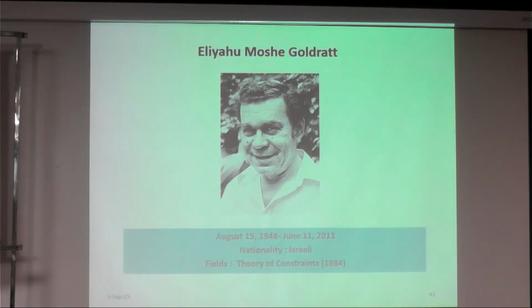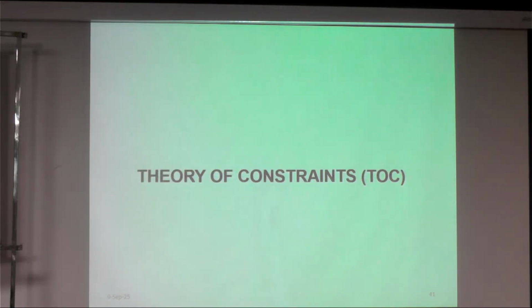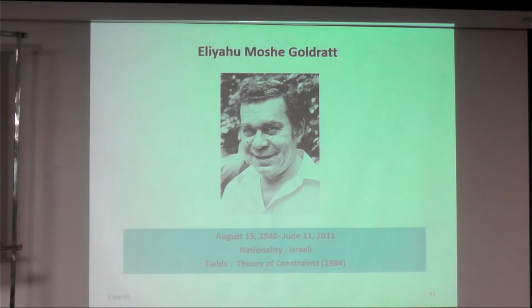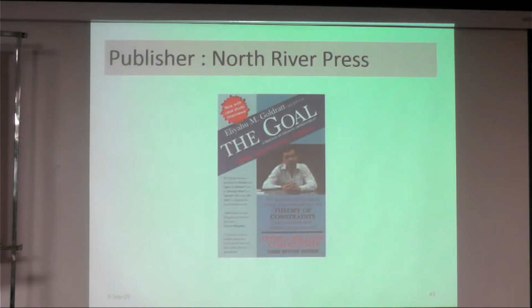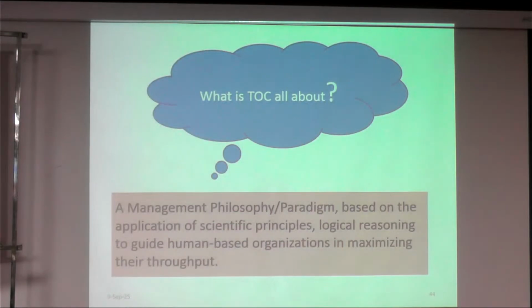He proposed this theory of constraints through a novel known as The Goal, published by North River Press. It's a novel, you can also read it. It's a story based on his experience. After he learned himself, he applied it to another company and got success.